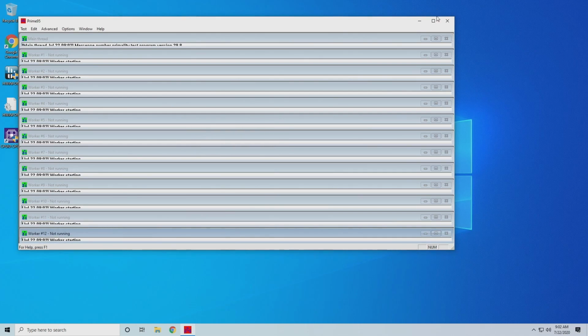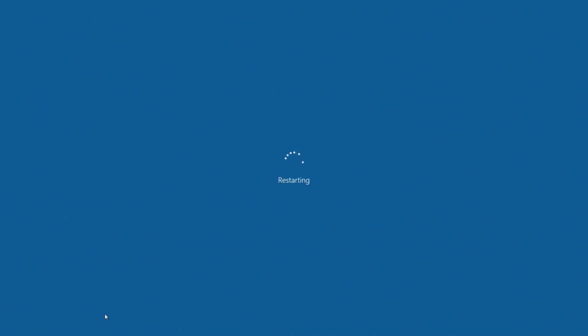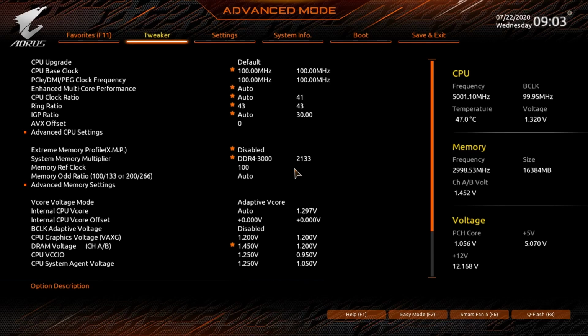Let's give it a little more voltage and see how high we can get into Windows. Since this is a Skylake-based microarchitecture, I'm really not concerned with voltage under 1.4. Anything under 1.4 should be totally fine with this microarchitecture.